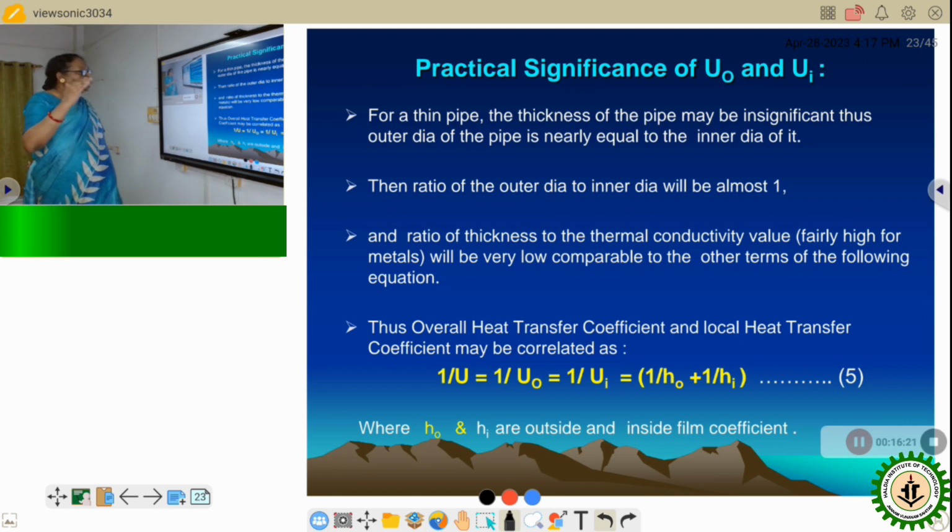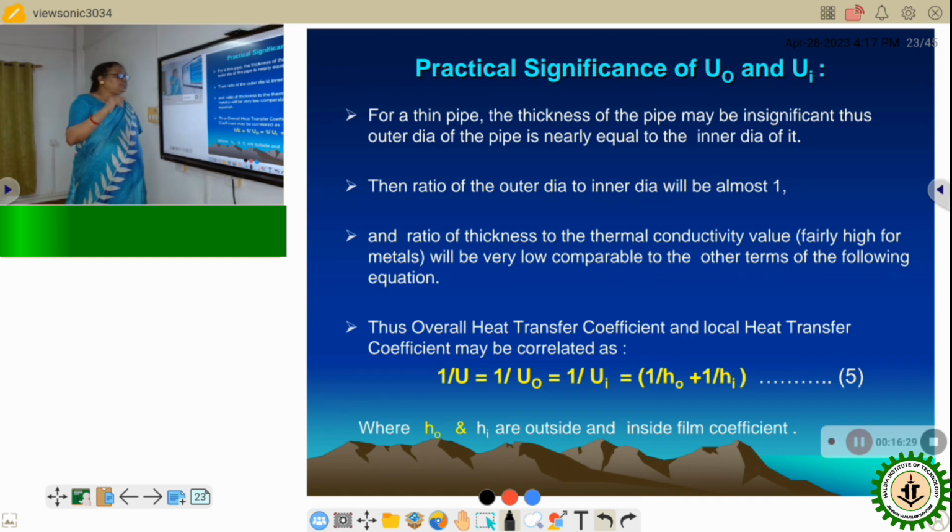So the overall heat transfer coefficient and the local heat transfer coefficients may be correlated as 1 by U is equal to 1 by Uo is equal to 1 by Ui is equal to 1 by ho plus 1 by hi, where ho and hi are the outside and inside film coefficients.